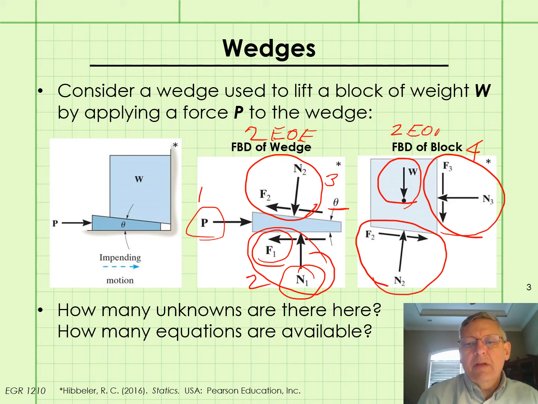Those equations being sum of forces in the x direction equals 0 and sum of the forces in the y direction equals 0. So we have 4 unknowns and 4 equations available. So we should be able to solve an example of this type.